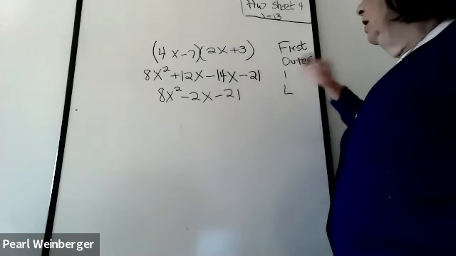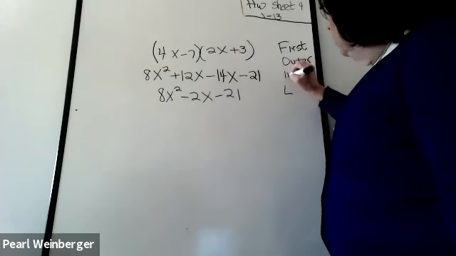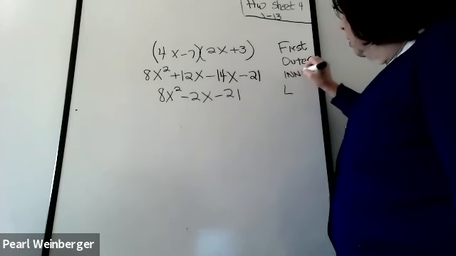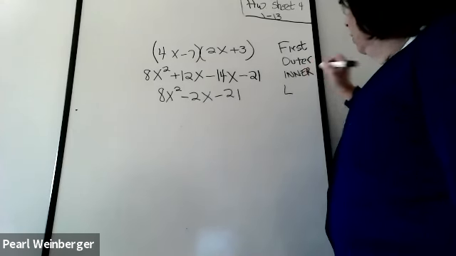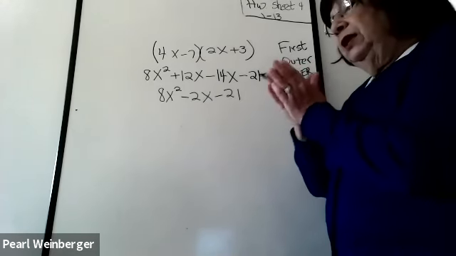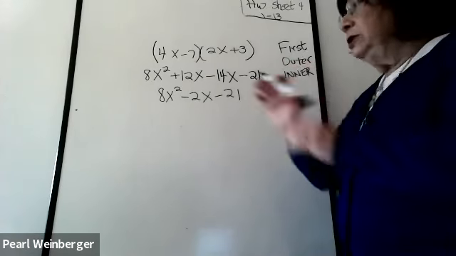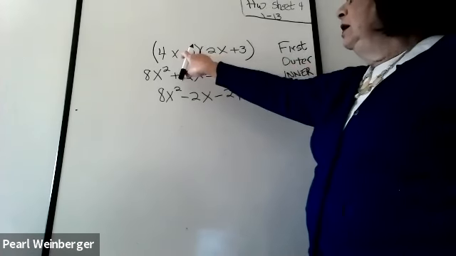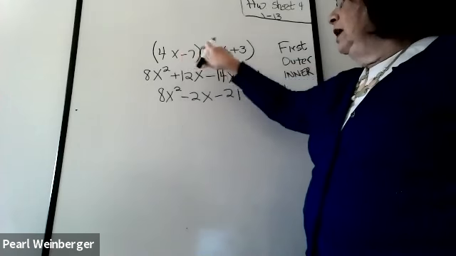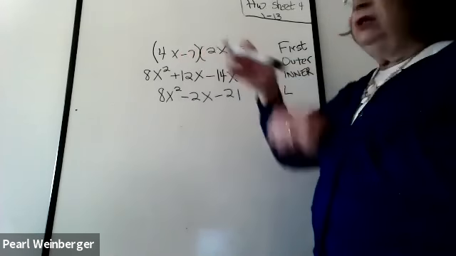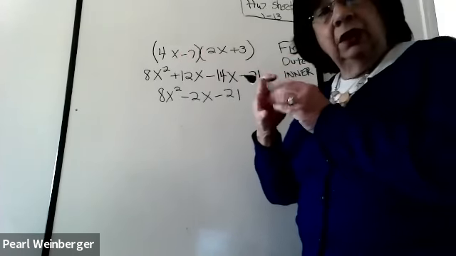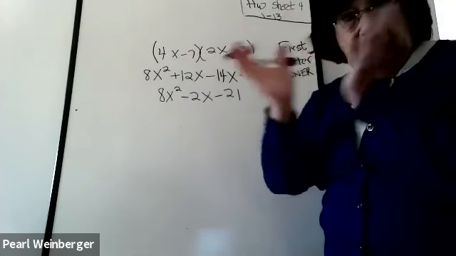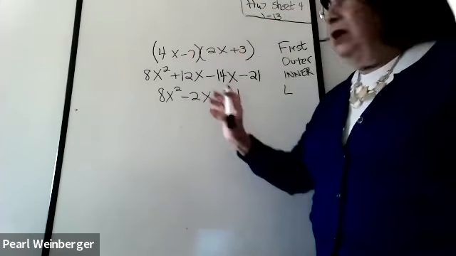multiplication. Then we have an I. I stands for inner. When we talk about inner, we're talking about the insidemost terms, the terms that are close together. Now, if you notice, that would be the -7 with the 2x, because they really are right next to each other. The only thing that's separating them is the parentheses.